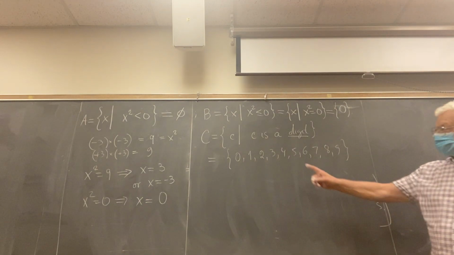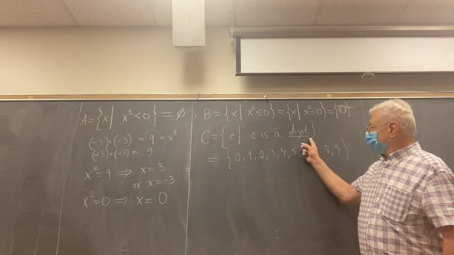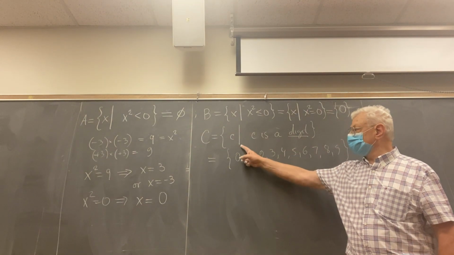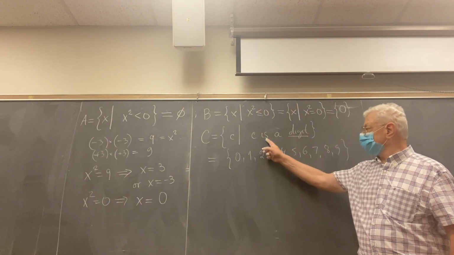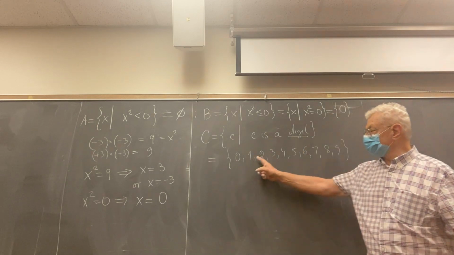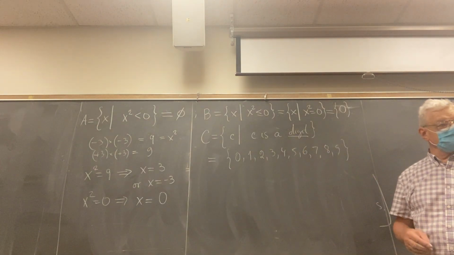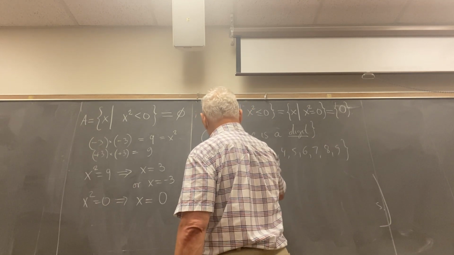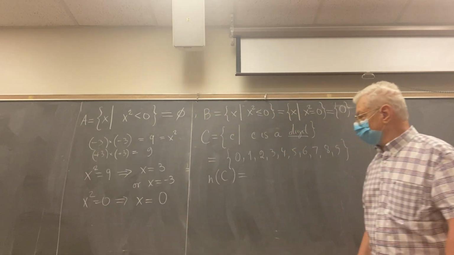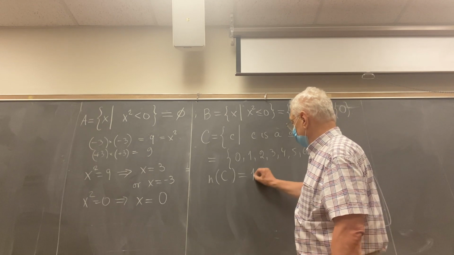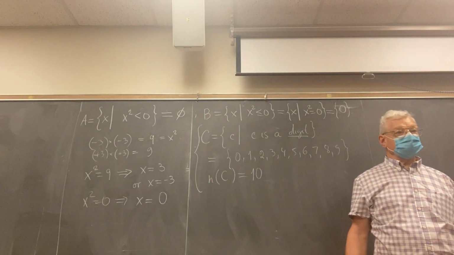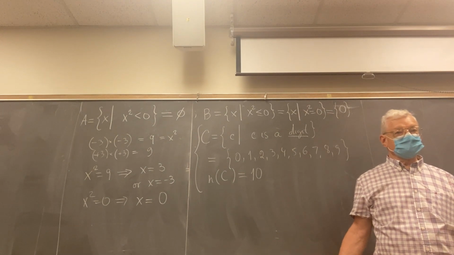So if I say that c is a digit, and here I wrote all c such that each such c is a digit, I have to describe every single digit. And now you see that n of c, the cardinality of c, equals 10. You got it? If I ask you that question on the quiz, you will answer.